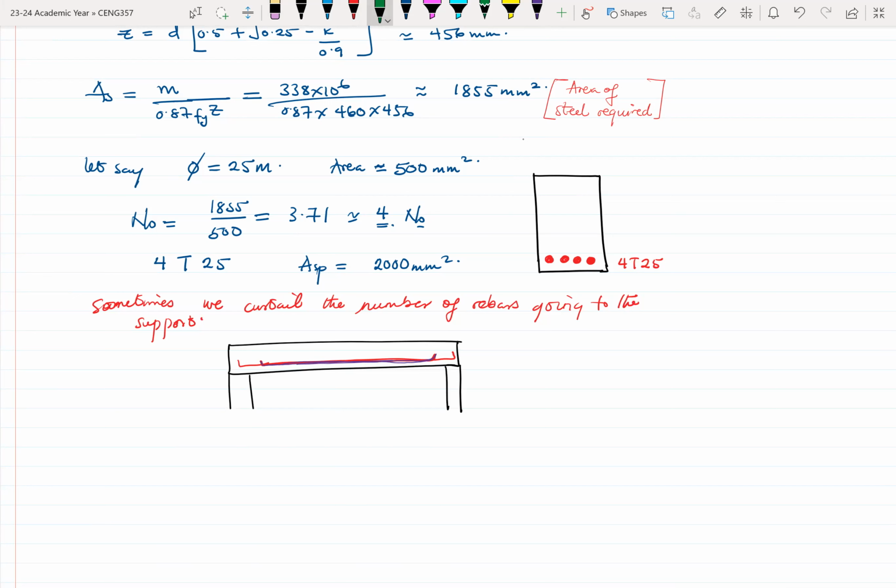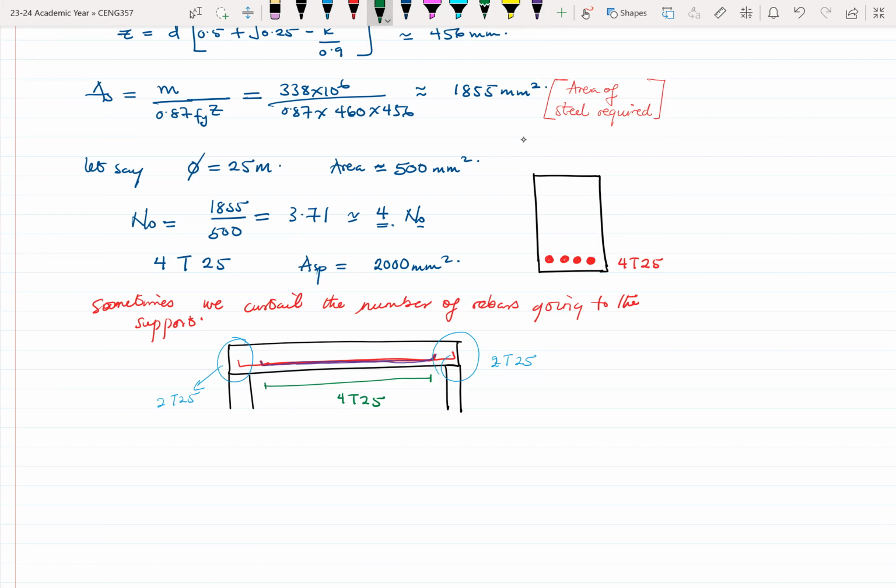So what it means is that somewhere in the span you have 4T25, but as you go closer to the supports, let's say only half of it goes. It becomes 2T25. So from the mid span at the base, you have four, right?